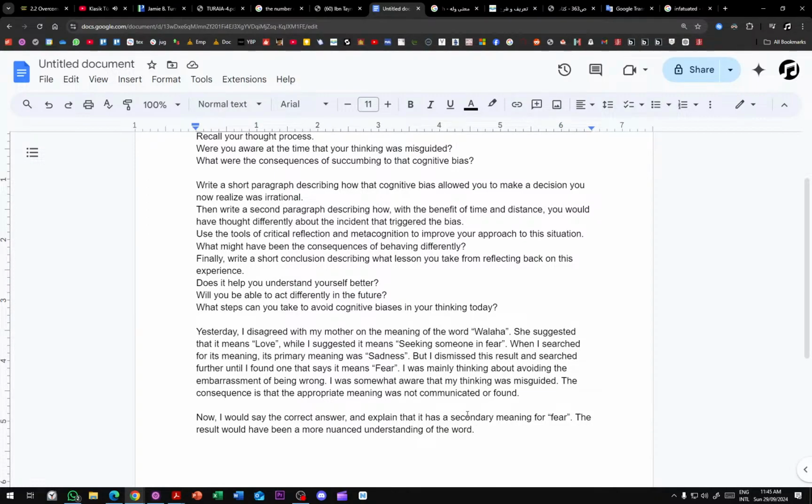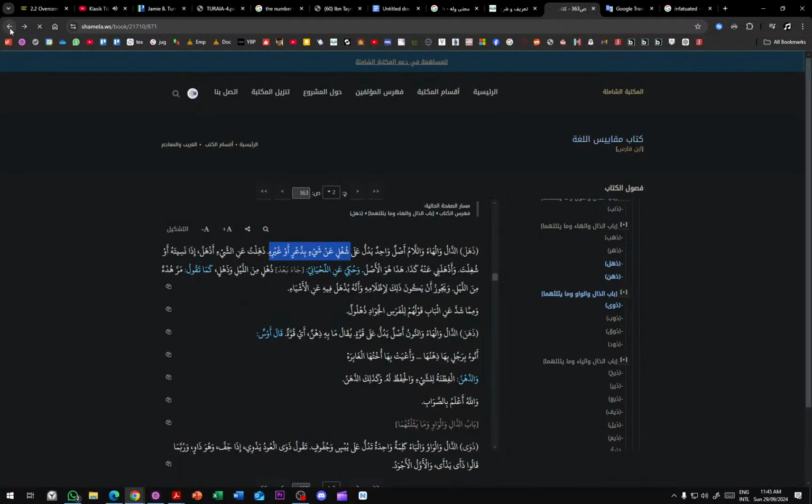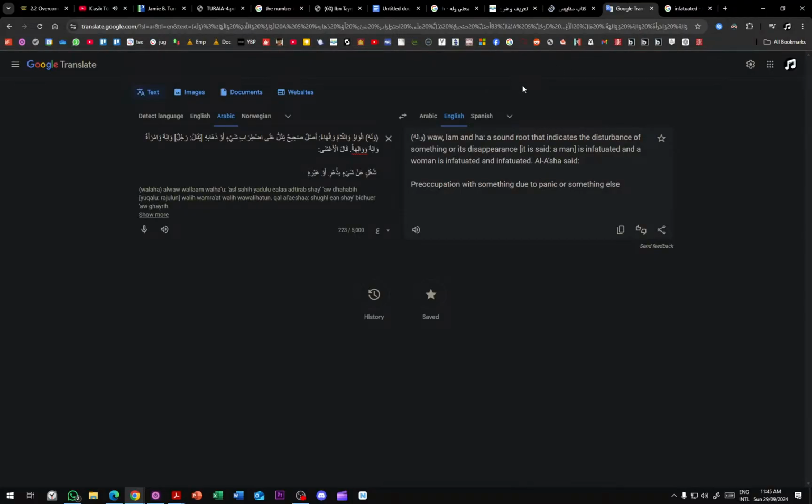So the word waliya or walaha primarily means moving towards something, or it has the meaning of movement, and it either means coming back and forth or disturbance, something that's disturbed, moving back and forth, or going just forth.